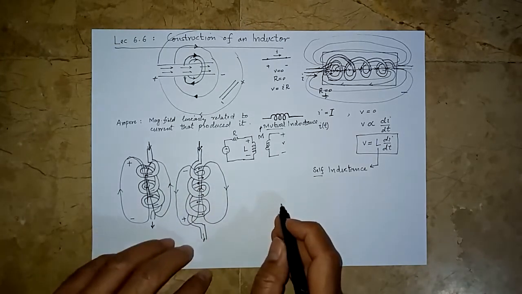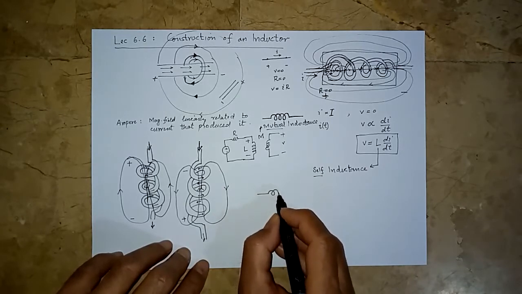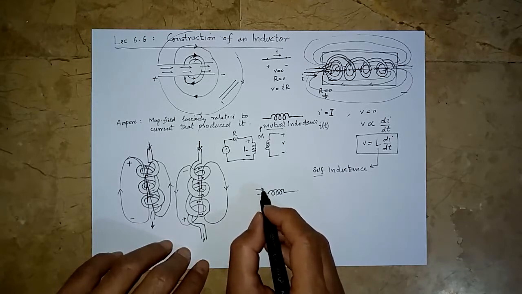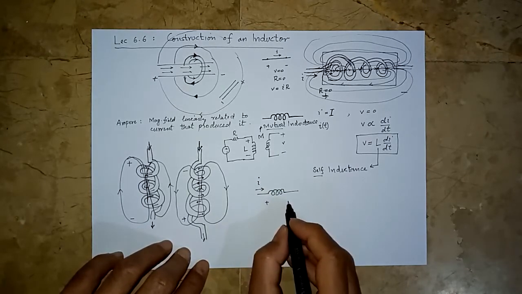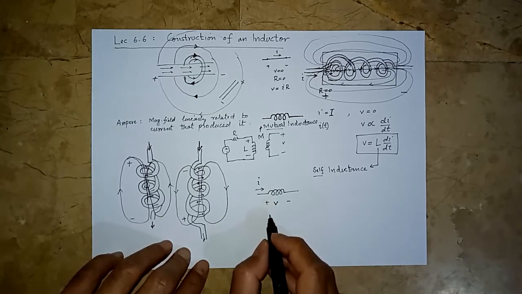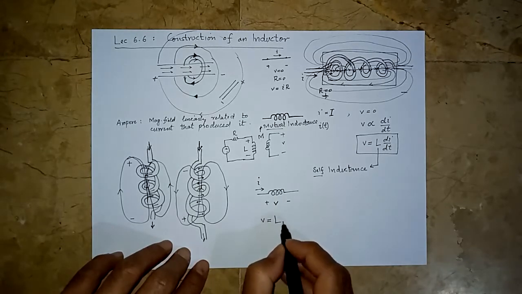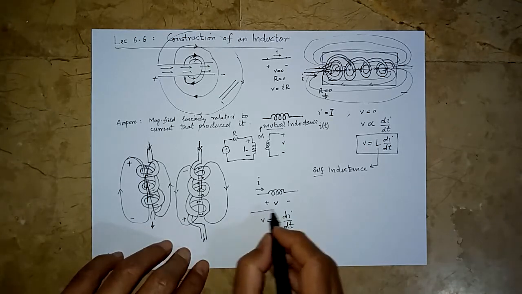But in the case of self inductance, using passive sign convention, we always assume that the inductor is woven such that if we have a positive current flowing into the inductor, we get a voltage with this polarity, and the relation between this voltage and the positive current is going to be this way.